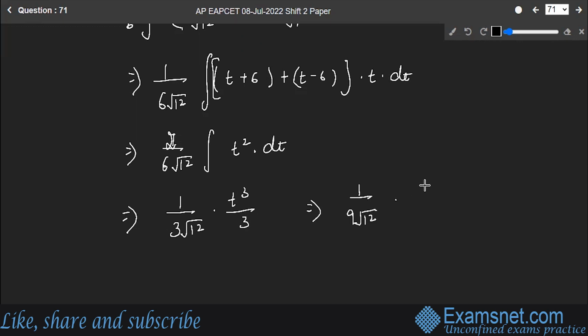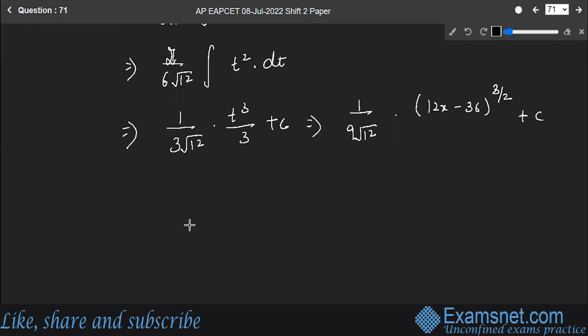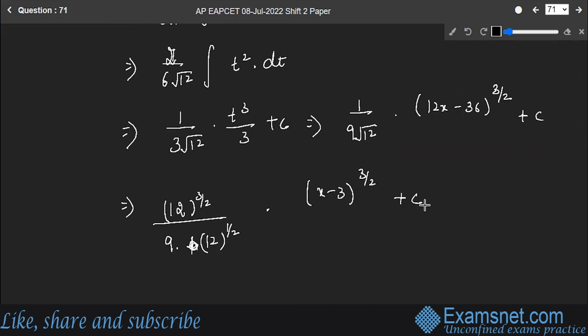So what was t equal to? I'll fill in the value of t now. t was equal to 12x minus 36 raised to power 3 by 2 plus the constant. Okay. Here was the constant which was introduced. So let's solve it further. So you will have it as, I'll take the 12 common now. 12 raised to power 3 by 2 upon 9 into 12 raised to power 1 by 2 into x minus 3 raised to power 3 by 2 plus c.